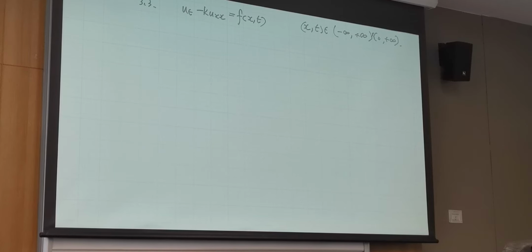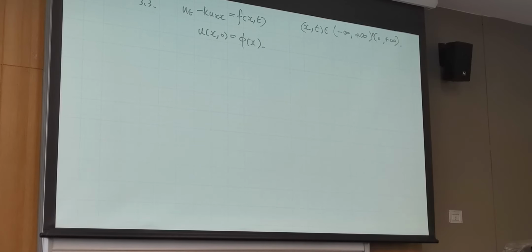Again, I stress every time I write it that the diffusion equation is not backward. The initial condition is also u(x,0) equals phi(x). Since we're not having any boundary here, there are no boundary conditions involved.